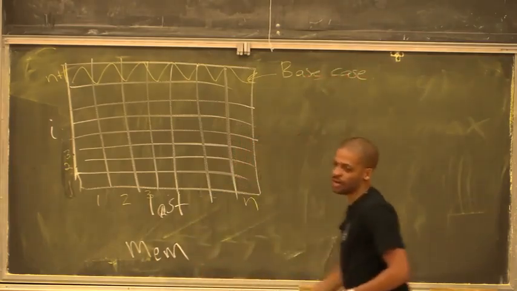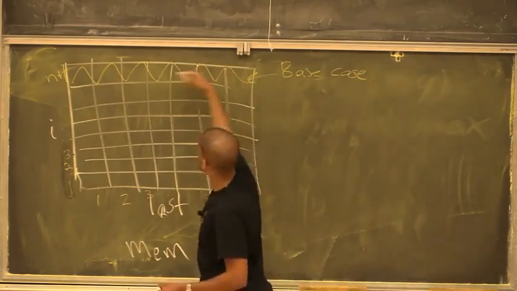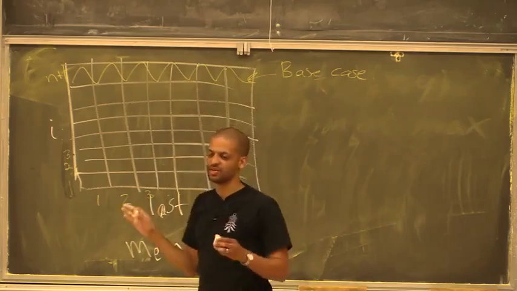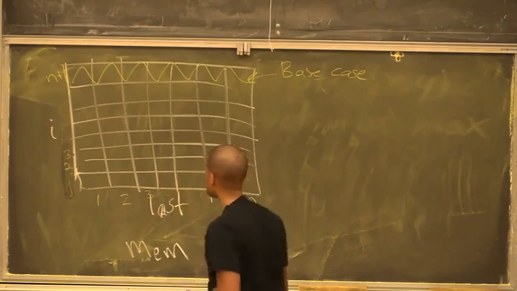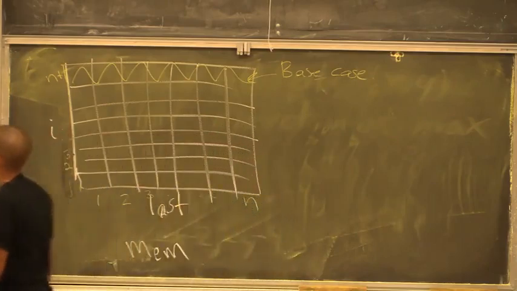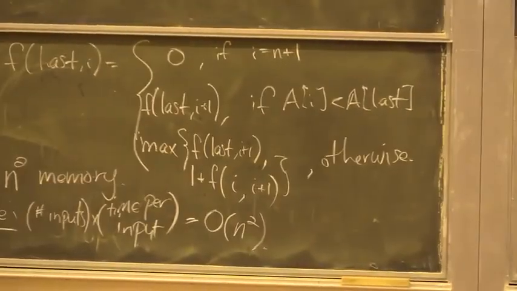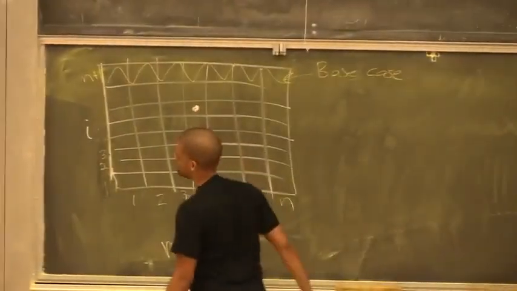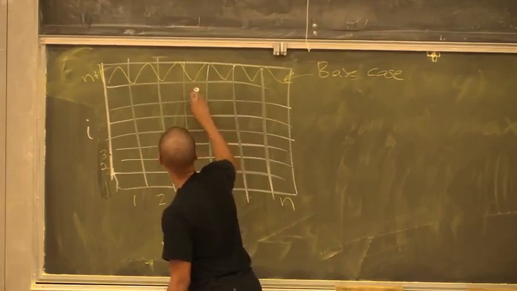So if I'm doing my bottom-up DP, the first thing I do is I'll just fill that top row with zeros in my 2D array. And then, what does f of last, I depend on? It depends on f of last, I plus 1, and it also potentially depends on f of I, I plus 1. So if you look at any entry here, it depends on f of last, I plus 1, so it depends on the thing right above it.